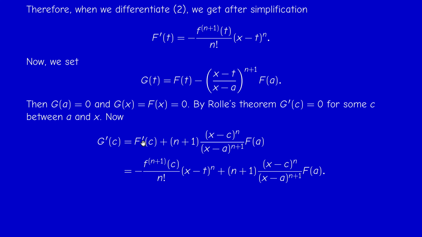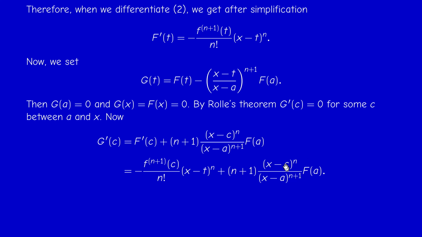Okay, so now you replace f prime of c by its value that I obtained here. And the second one I don't touch. So the sum of these two terms should be 0. Right? Sorry, there's a slight error here. It is x minus c, not x minus t. This is a c. So I have a common factor here, x minus c to the n.